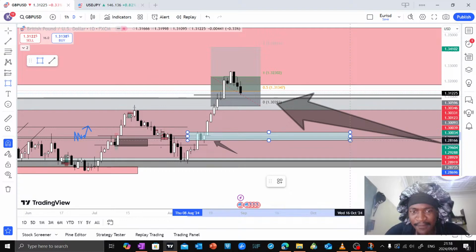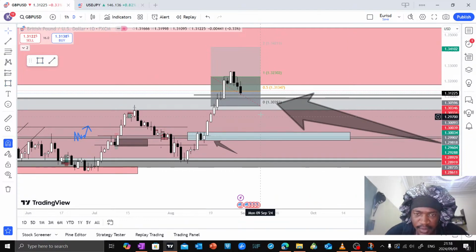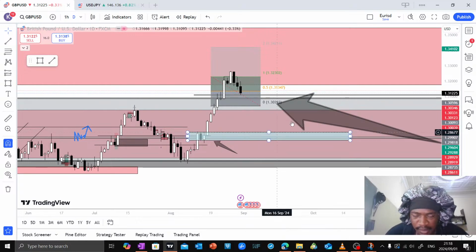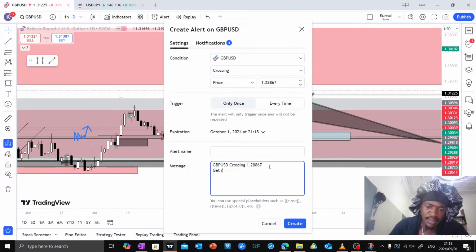And then we wanna make an alert right above these regions, in case it happens and I would need to buy. Get ready to buy.